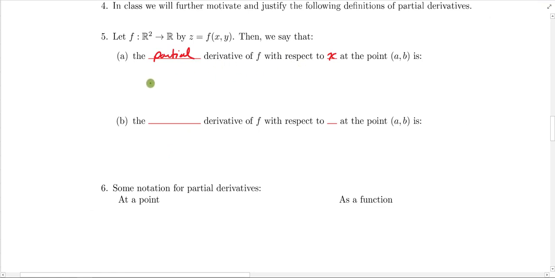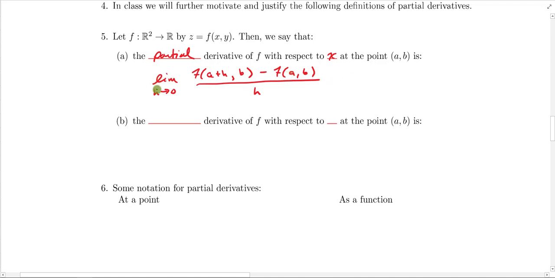So the limit definition is the limit as h approaches 0 of f of a plus h comma b minus f of a, b, all over h. This should look like your difference quotient, and you'll notice that the y coordinate is the same in both cases.